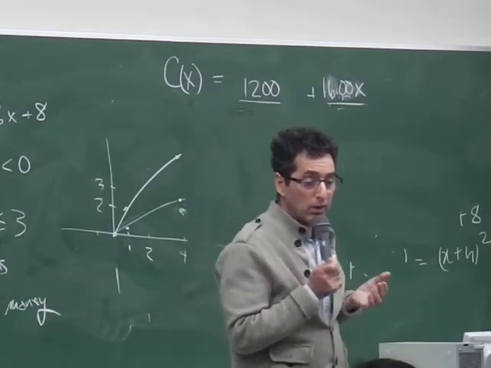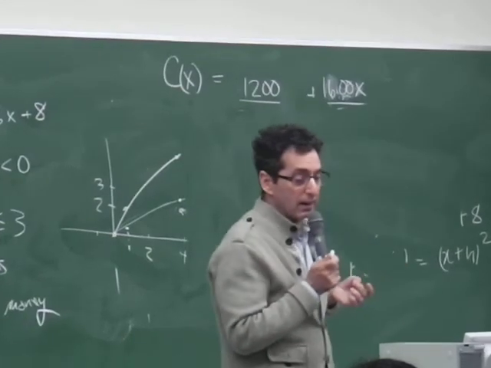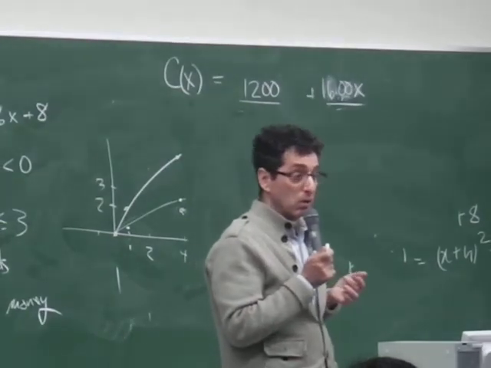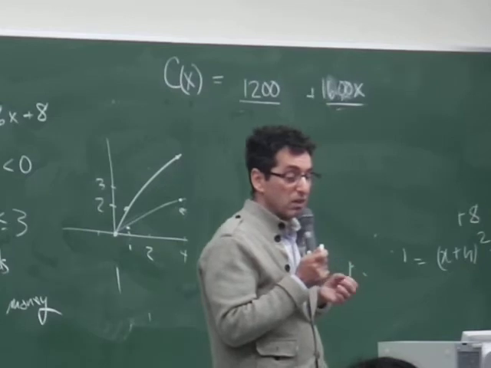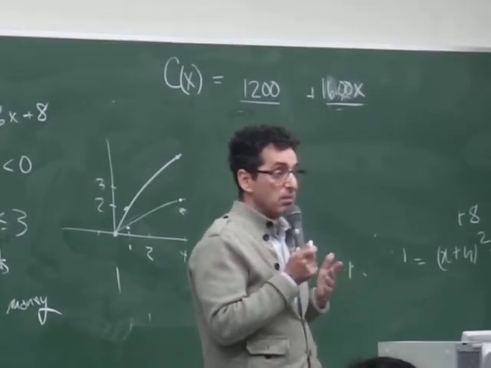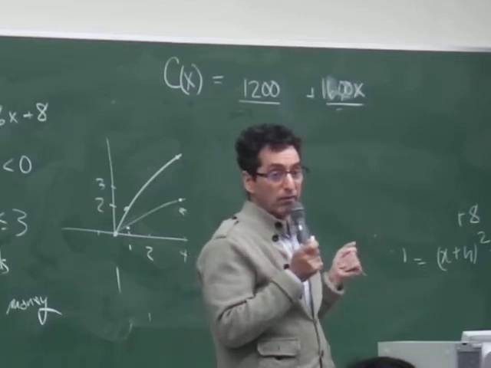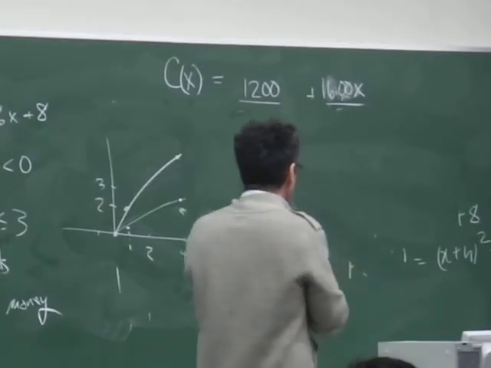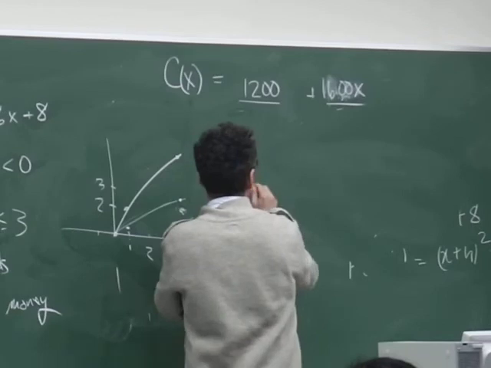Now, there's one more word there, and that is, they didn't use variable cost, they used marginal cost. And marginal cost just means the cost of producing one more piano. So what's the cost of producing 10 pianos here?